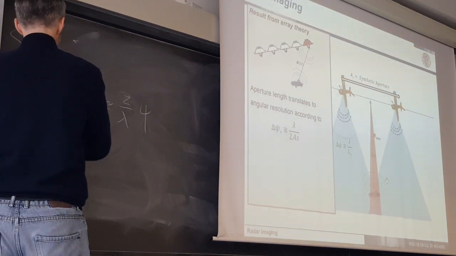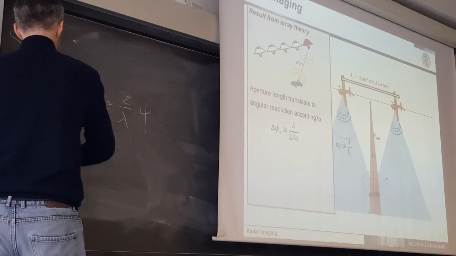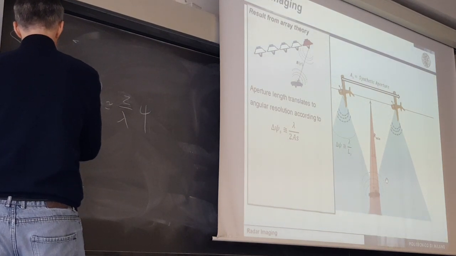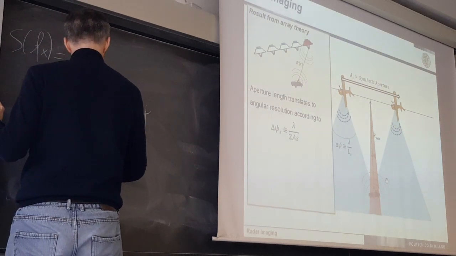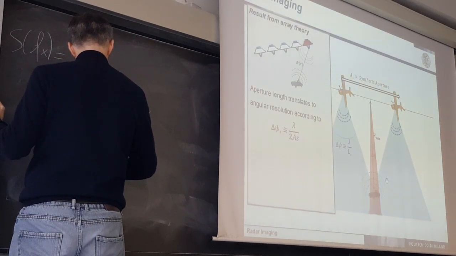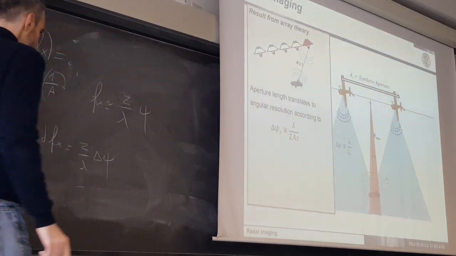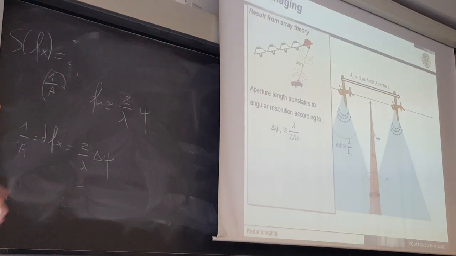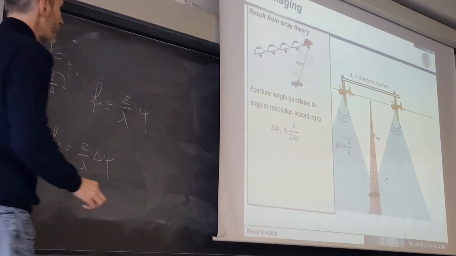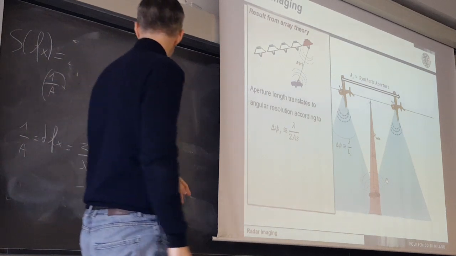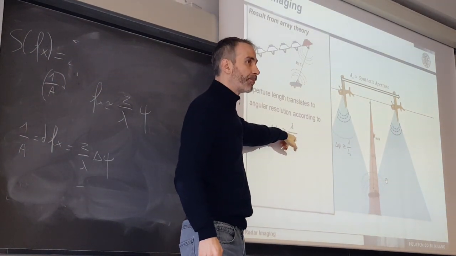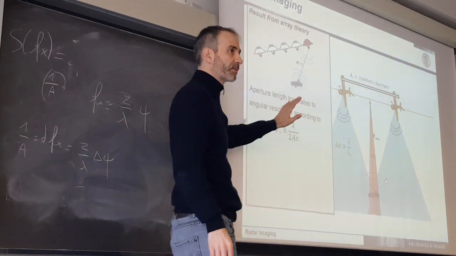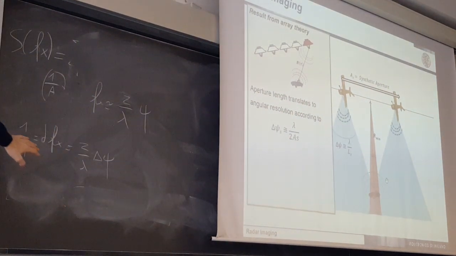And so this delta fx, which is 1 divided by A, is equal to 2 over the wavelength times your angular resolution. And so your angular resolution is given by half the wavelength divided by the synthetic aperture. As simple as that.